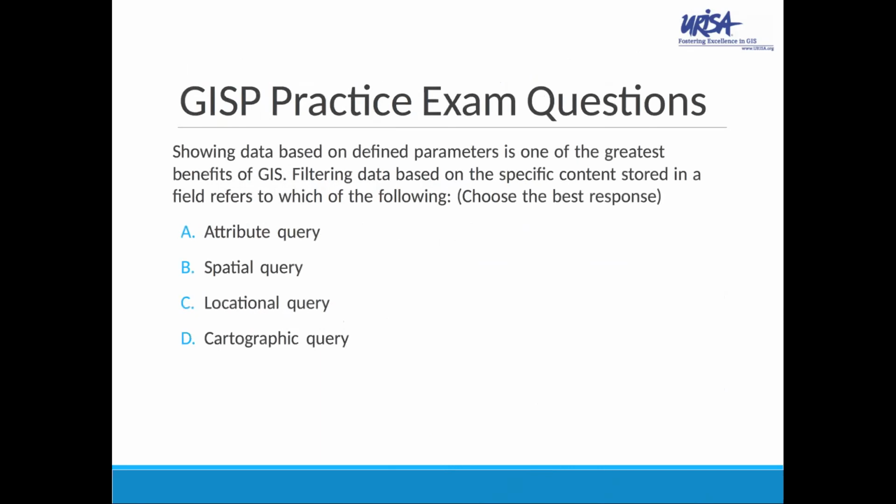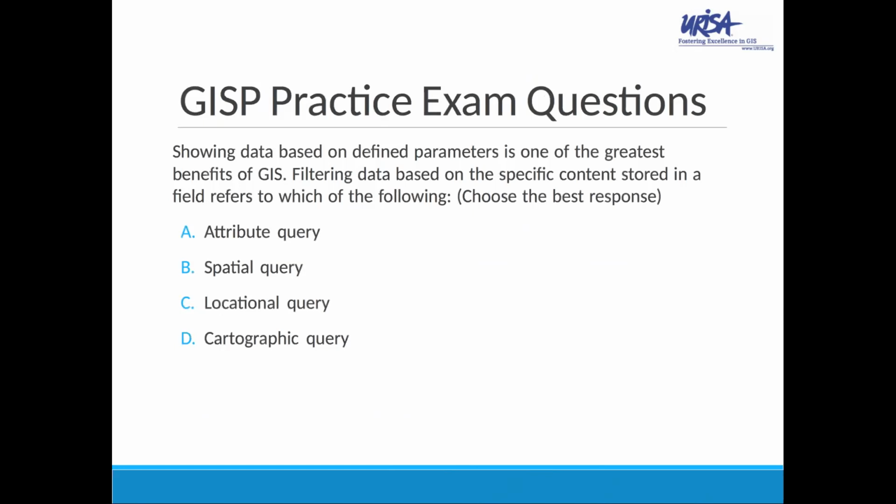So we have some exam questions, and we'll just go on through with them. When we're looking at a defined parameter, filtering based on specific content in a field refers to which? We're talking about content in a field, and that generally means a field other than the geography or geometry column.